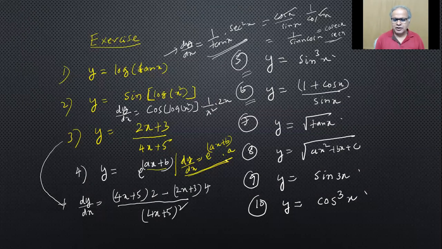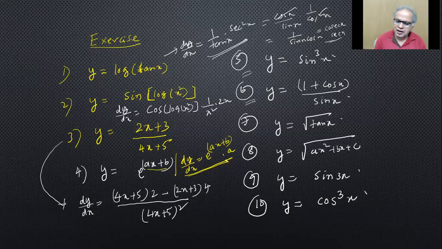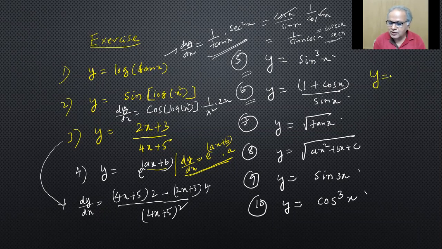Now, who will start the fifth? Sir, I think we can write sin cube x as sin x into sin x into sin x. That will be a little lengthy. See, sin cube x is nothing but sin x whole cube, right?